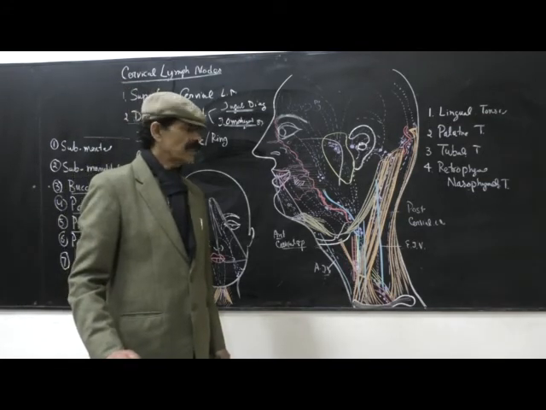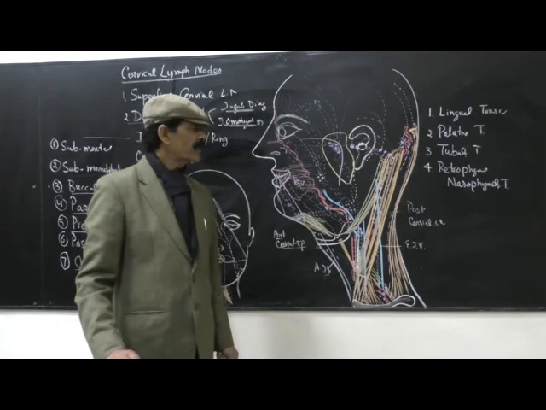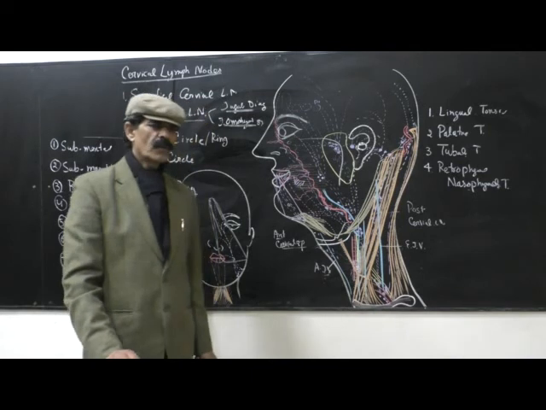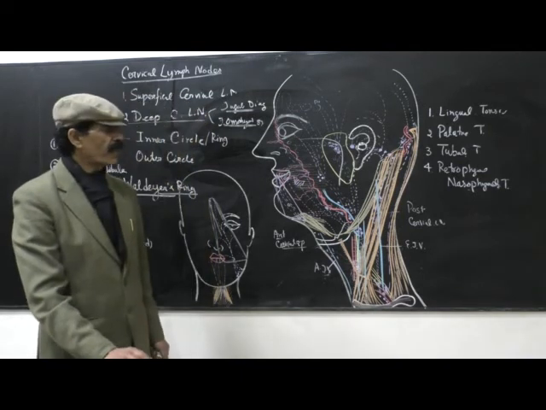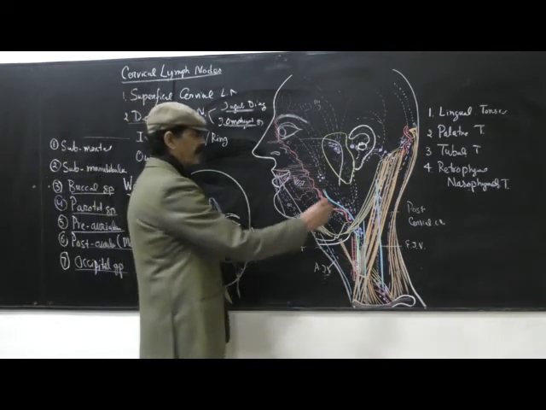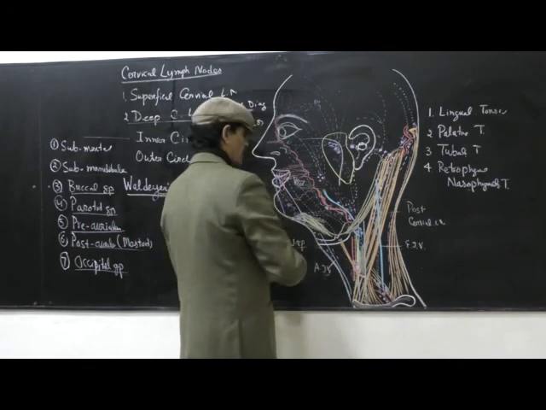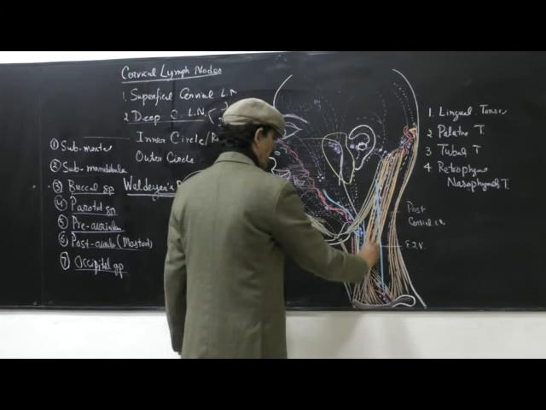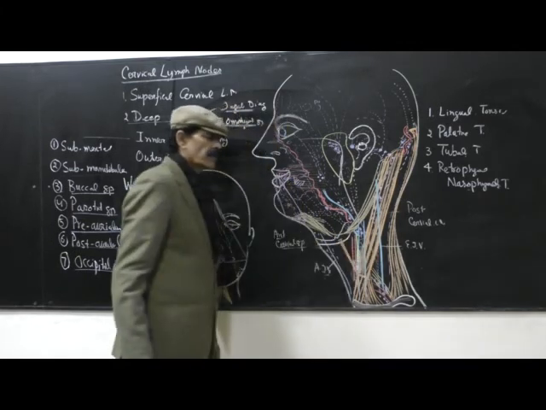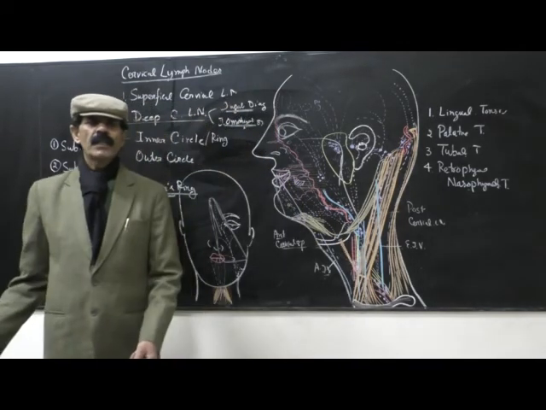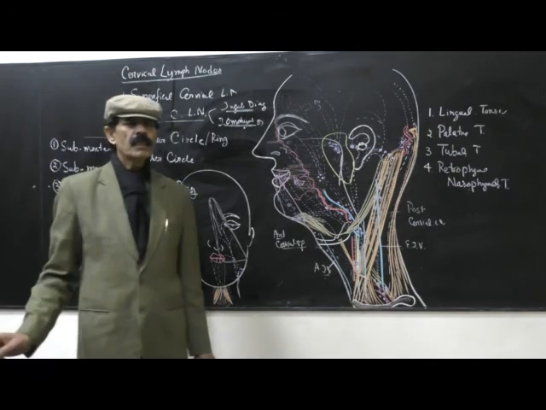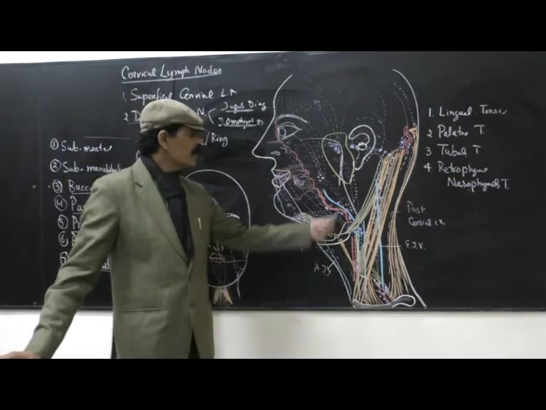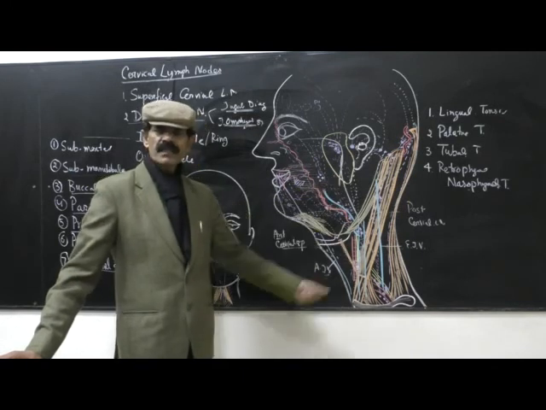So in this way we see that the nasopharyngeal and retropharyngeal groups of the lymph nodes receive the lymphatics of the pharynx part also, that is the nasopharynx, oropharynx and the laryngopharynx. From the pharyngeal area, the lymphatics go to the retropharyngeal group of the lymph nodes, which are present in the posterior wall of the pharynx.